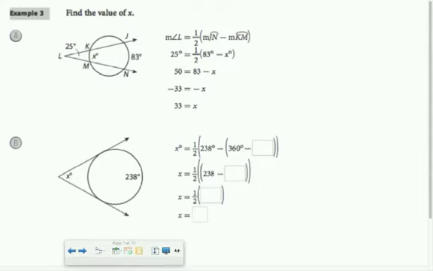One of the arcs that it's going through is this 238, and oh no, I don't know this arc. Well, it's got to be 360 minus 238, which is 122. When we subtract 238 minus 122, we have 116. And when we take half of that, that's 58.